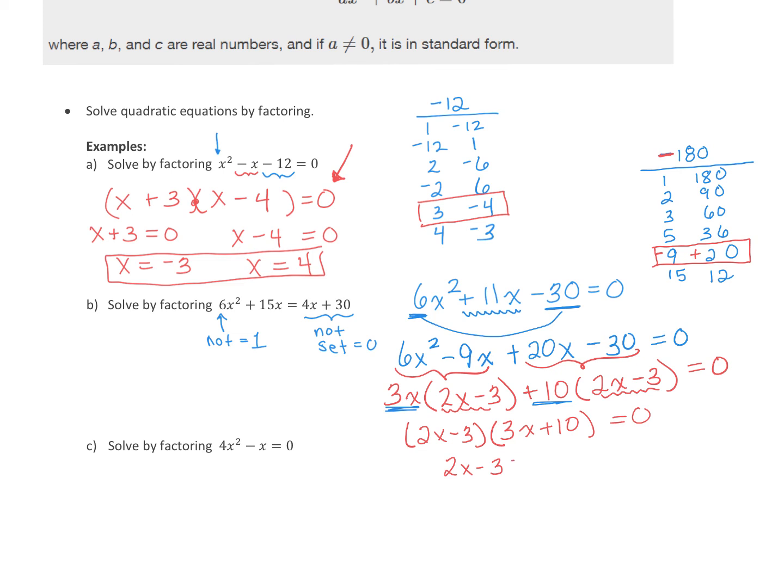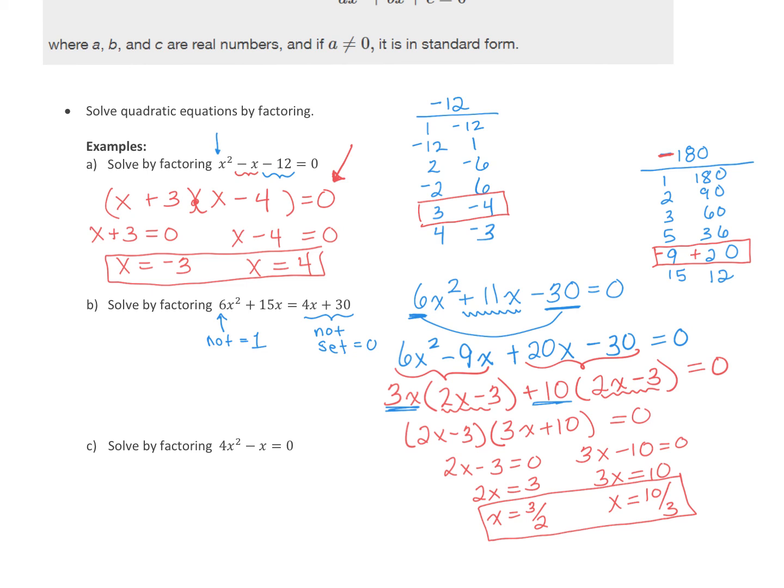Either 2x minus 3 is 0, or 3x plus 10 is 0. Adding 3, we get 2x equals 3, and then dividing by 2, we get x is 3/2. And similarly over here, if we subtract 10 and divide by 3, we get -10/3. So again, we got two answers here using the zero product rule.